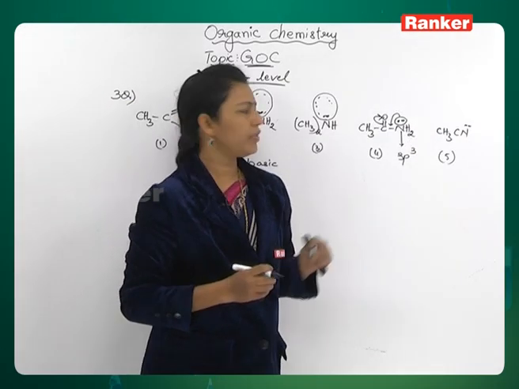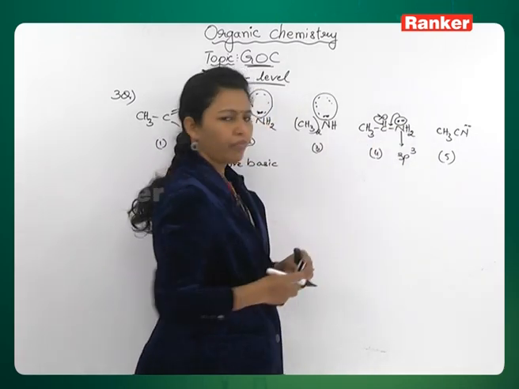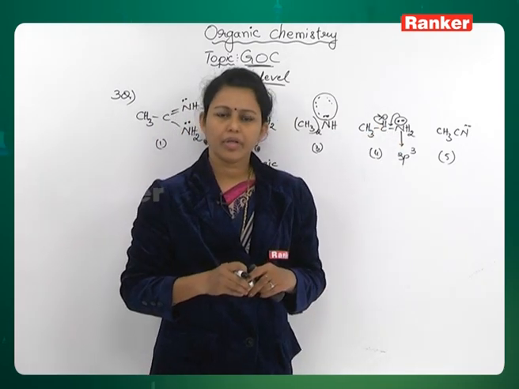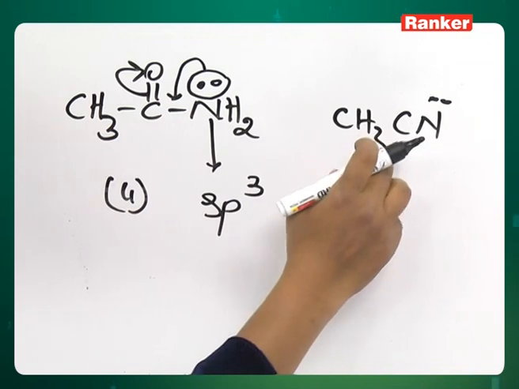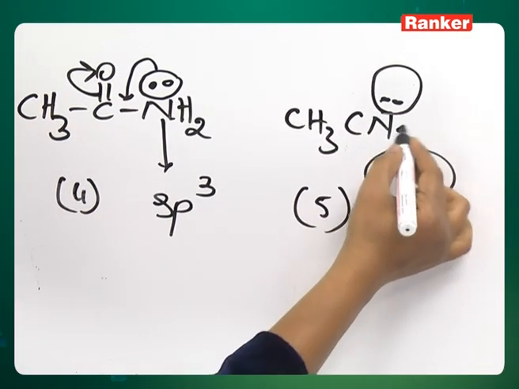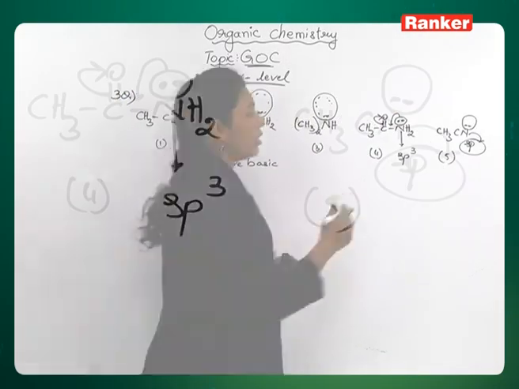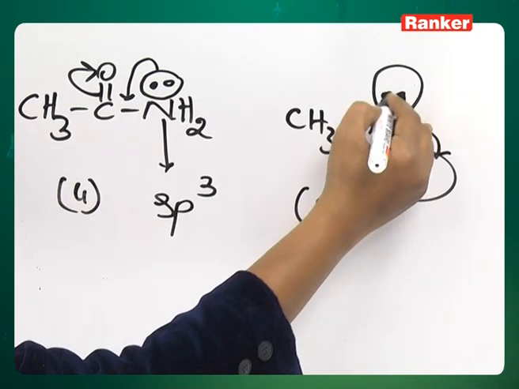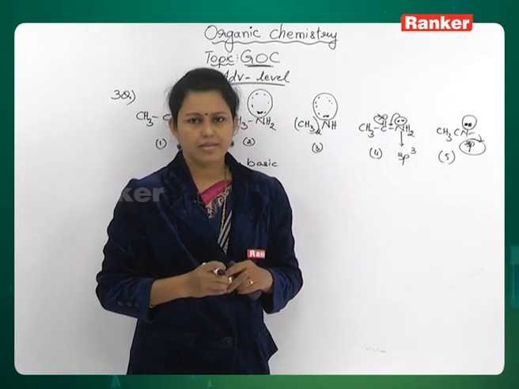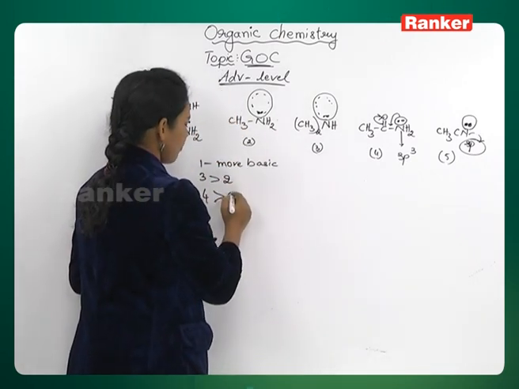Oxygen, being more electronegative, can pull the electron density towards itself, and as it is in conjugation with the lone pair of electrons on nitrogen, the nitrogen electron pair can be resonated. In the case of cyanide, the lone pair of electrons is present on an sp hybridized nitrogen. When it is sp hybridized, the lone pair of electrons is held tightly by the nucleus of nitrogen, so its basic nature decreases. In that way, 4 is more basic than 5.